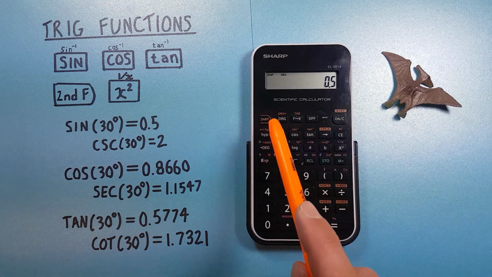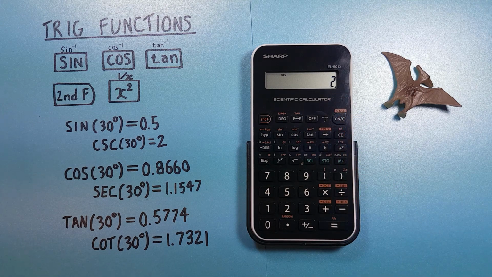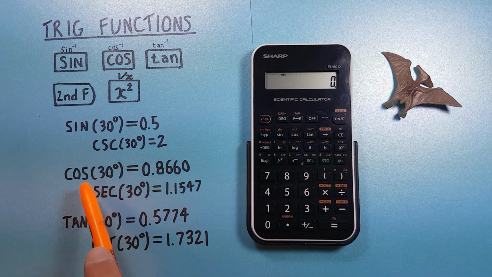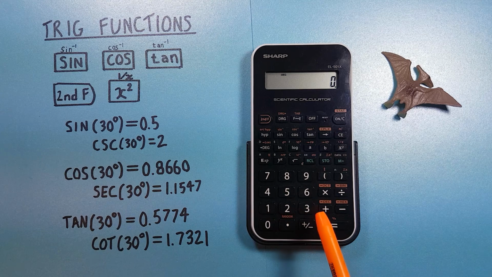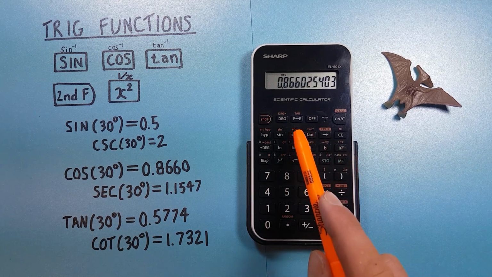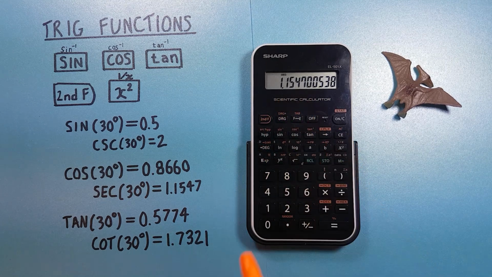So we go second function, x squared, and get a result of cosecant 30 degrees equals 2. For secant, we use cos. So secant of 30 degrees: 30, cos, second function inverse, and we get secant 30 degrees is equal to 1.1547.